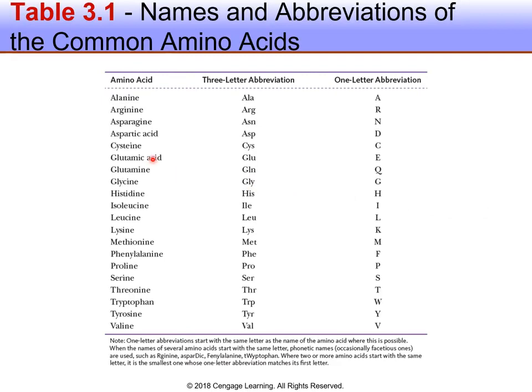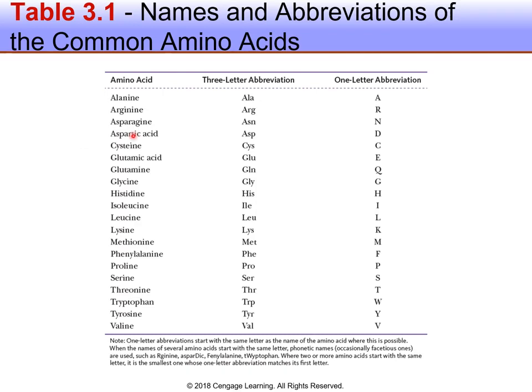If we look at this table here, we see all the 20 amino acids, with the three-letter abbreviation and the one-letter abbreviation. Notice that the three-letter abbreviation is almost the first three letters of the name. Ala for alanine, Arg for arginine.